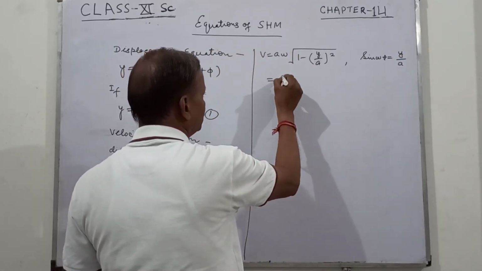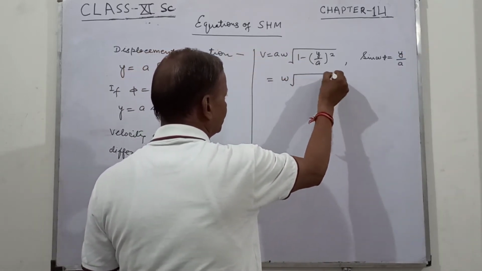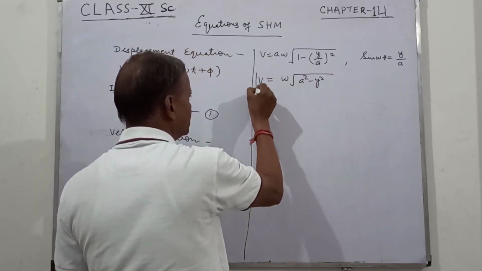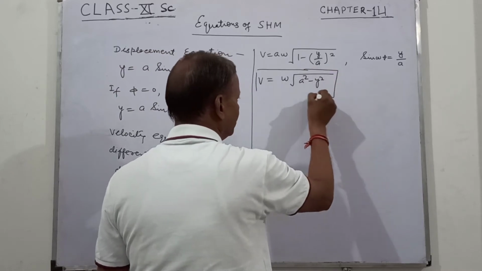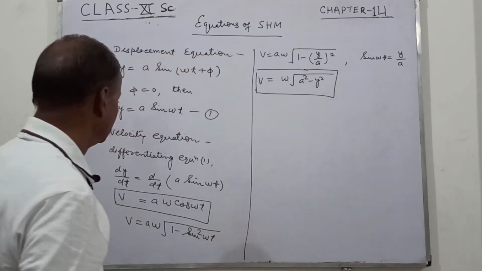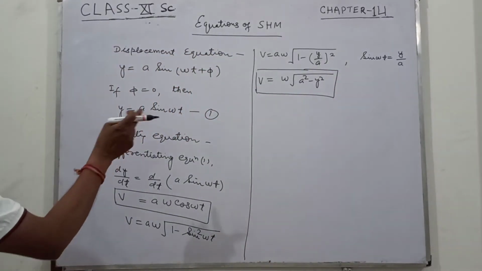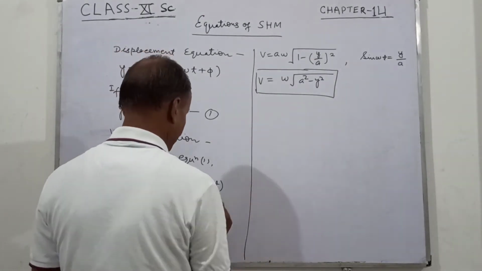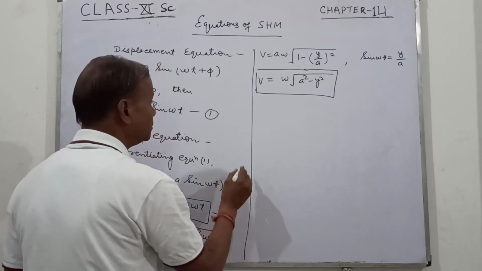So this is equal to omega square root of a square minus y square. This is another form of the velocity. So this is the velocity equation, and this is now number 2.